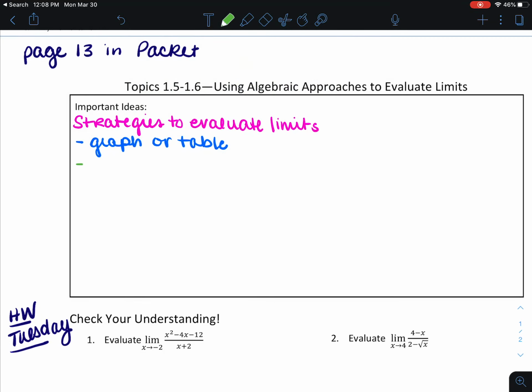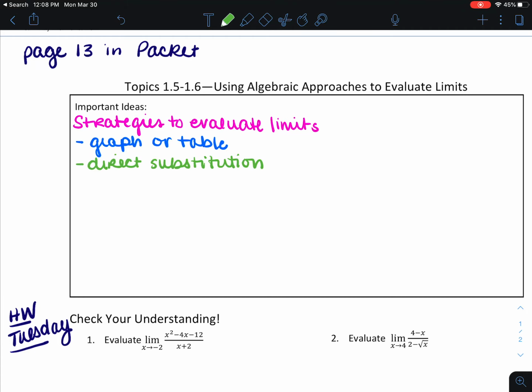The next strategy you learned was direct substitution. Now this strategy is important because whether you have a graph or a table, this will pretty much always work or indicate that you need to do something else.